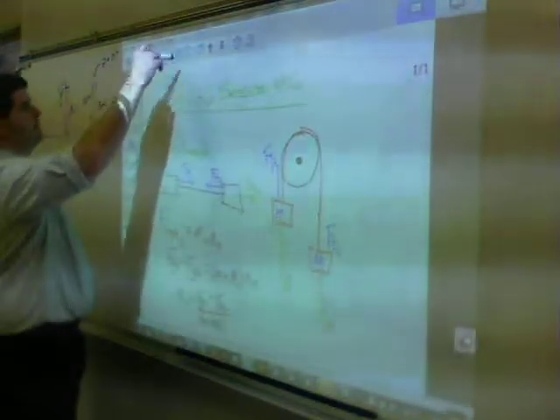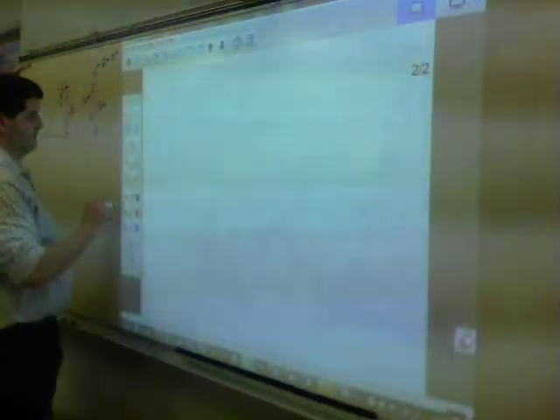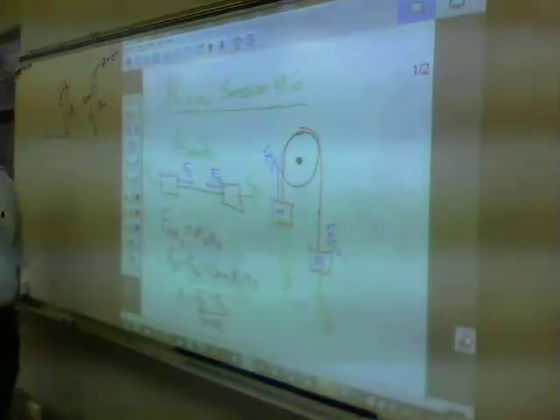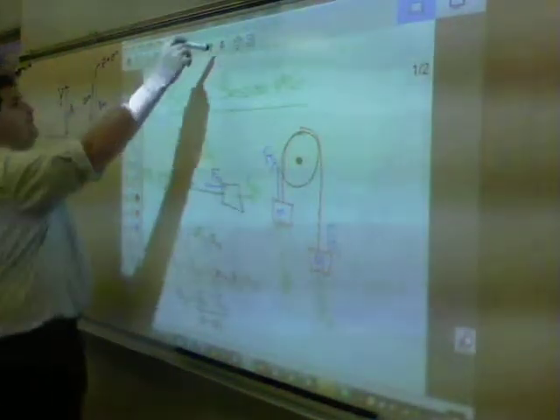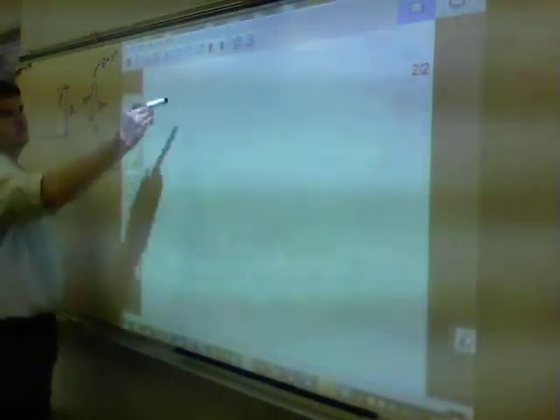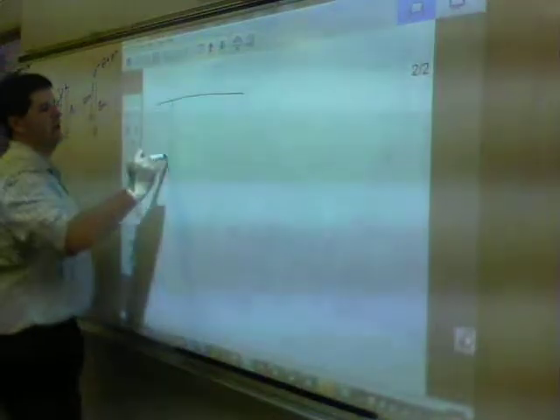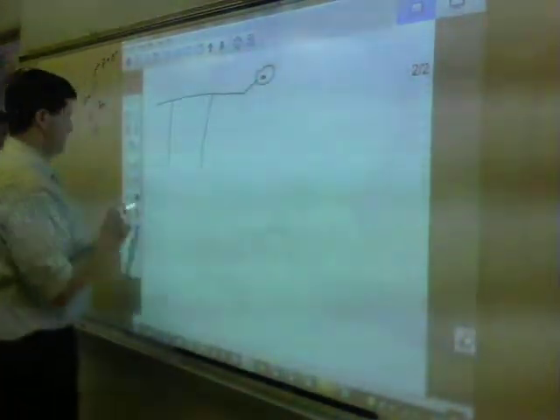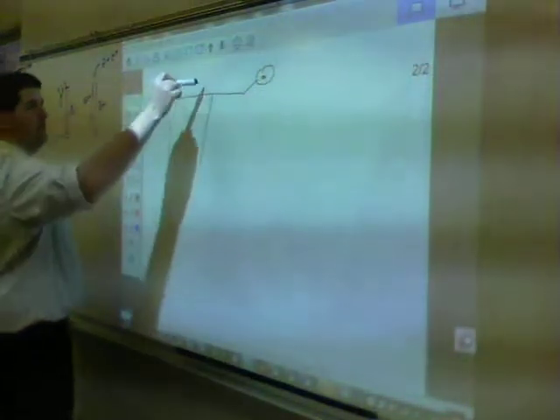Let's do a little bit more complicated one then. I coined it a horizontal Atwood's machine, but nobody actually uses that term. This is example 1.